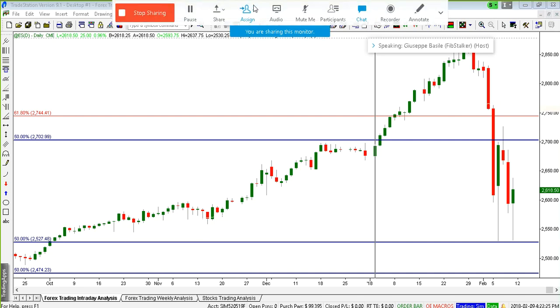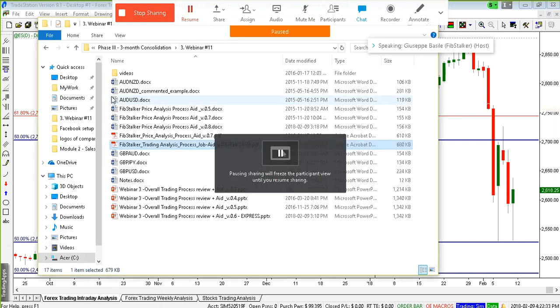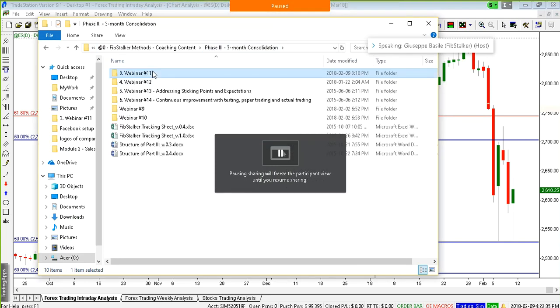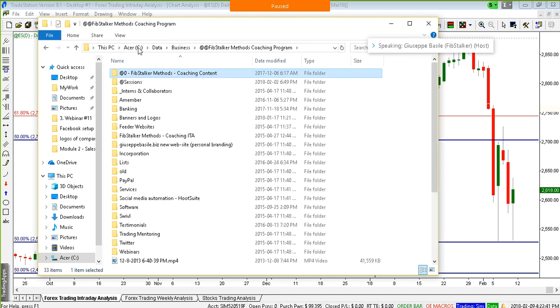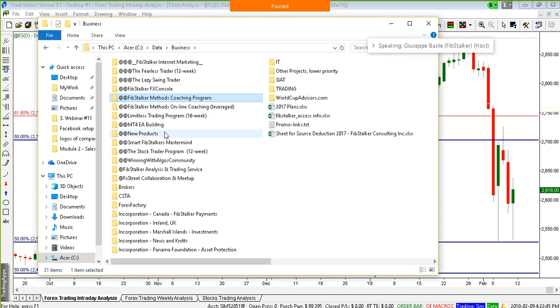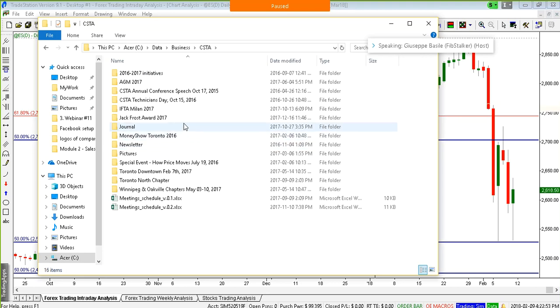Let me find it, because this is an article I wrote a couple of months ago, and it was published in the journal of the Canadian Society of Tech Analysts, the CSTA. If you want to get a copy, I'm very happy to share that as well.